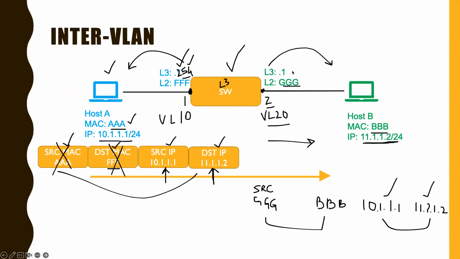This MAC is known within this VLAN or this broadcast domain. So the MAC changes at each hop? Not each hop, at each L3 segment. This is one L3 domain, one layer 3 segment. This is another layer 3 segment. That's why your MAC is changing. Okay, clear. Thank you.